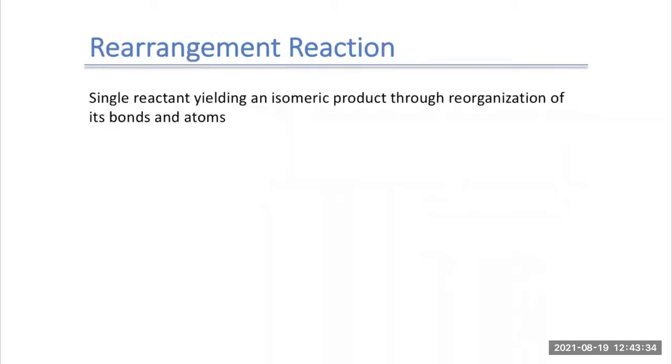And our fourth type of reaction is what we call a rearrangement reaction. So this is where we have a single reactant, and it's going to yield an isomeric product through a rearrangement of its bonds and atoms. For example, let's say we have 1-butene. And I add an acid catalyst.